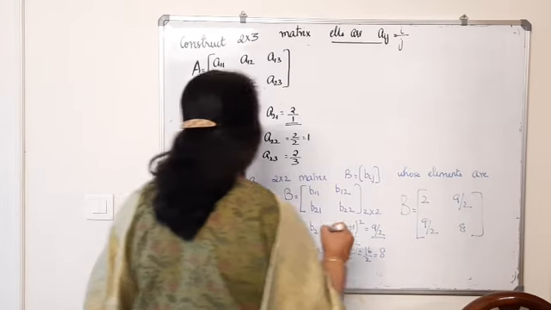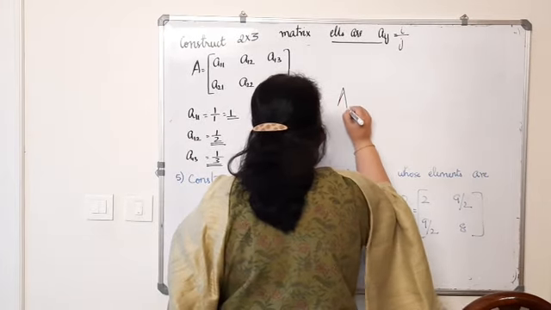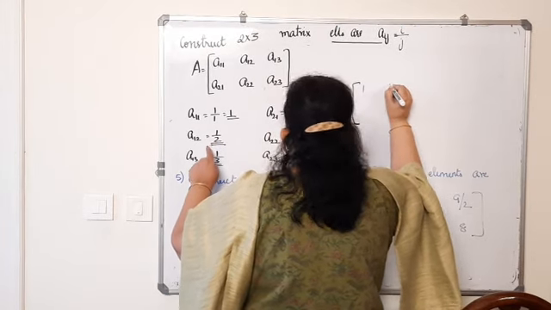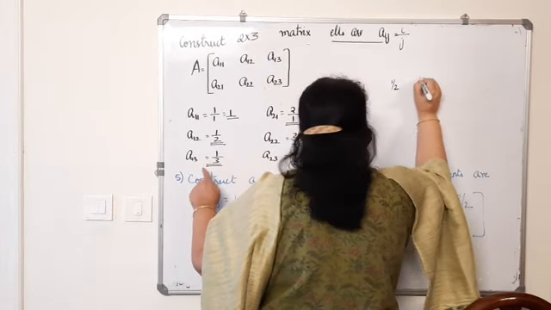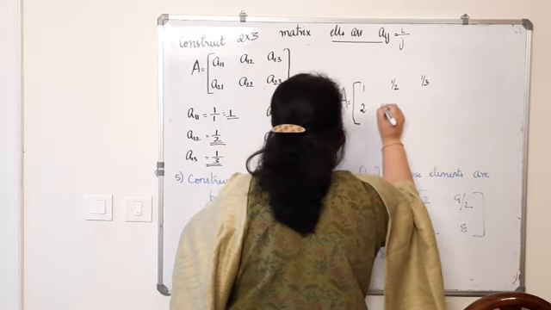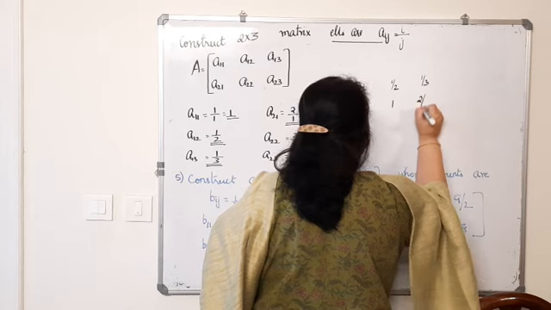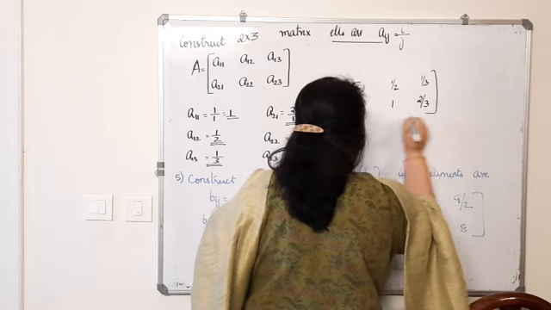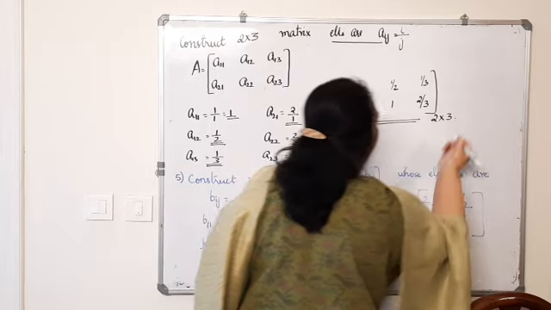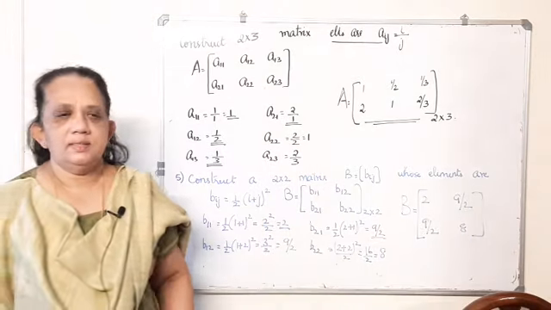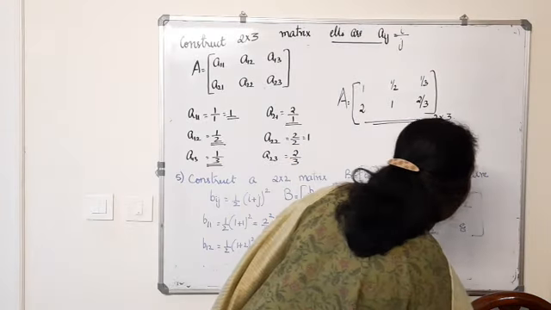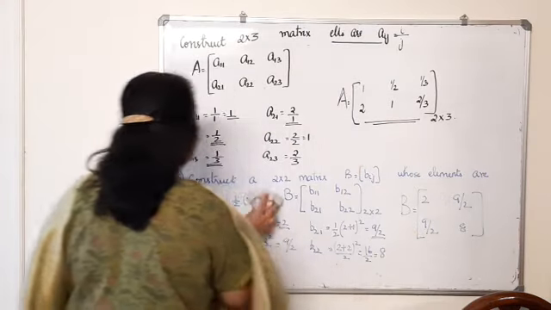So you can write the matrix as A is equal to 1, 1 by 2, 1 by 3, 2, 1 and 2 by 3, which is a matrix of order 2 rows and 3 columns. This is how to construct a matrix when the general element is given.